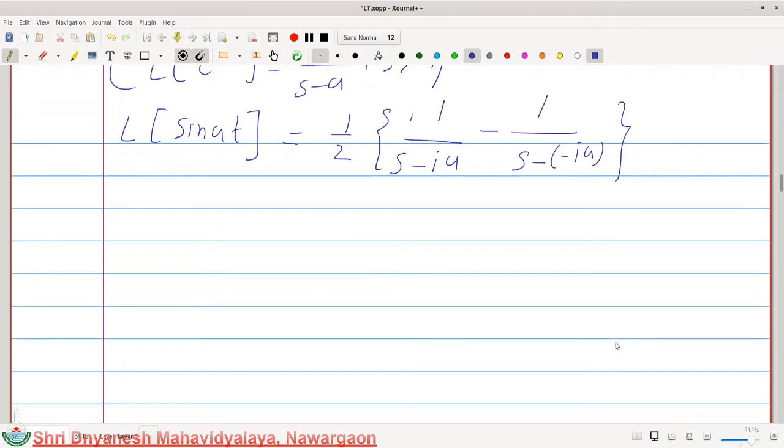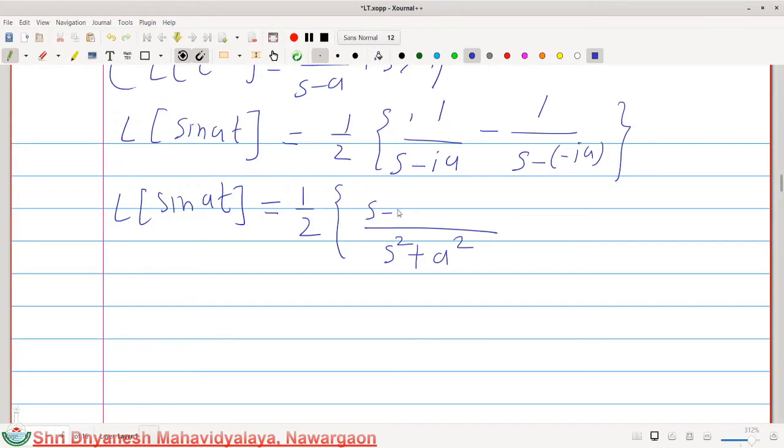So you can solve this easily. So Laplace transform of sin at equals 1 by 2. Take LCM of these two. This will be s minus ia into s plus ia, which is s square plus a square. Okay. And what will be here? This will be s plus ia minus s plus ia.